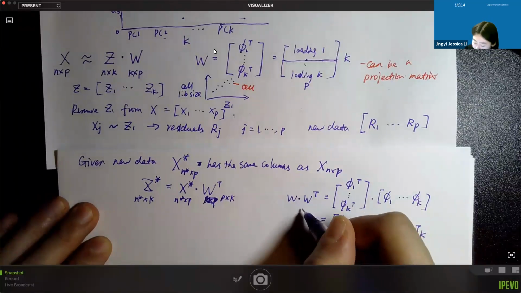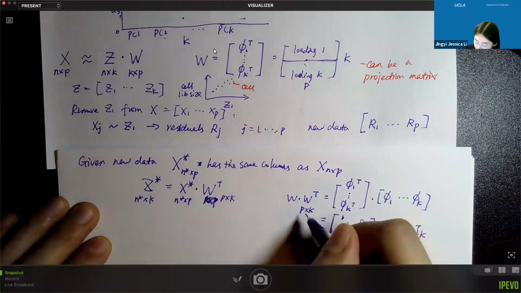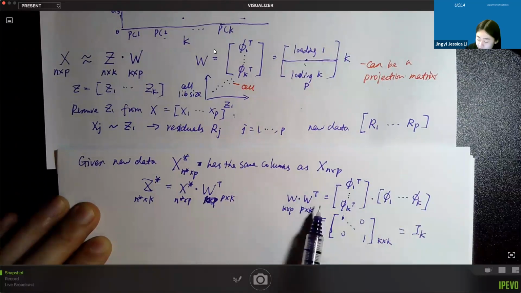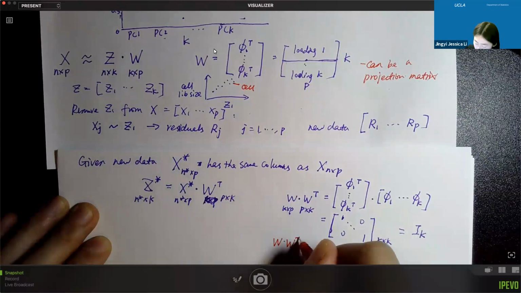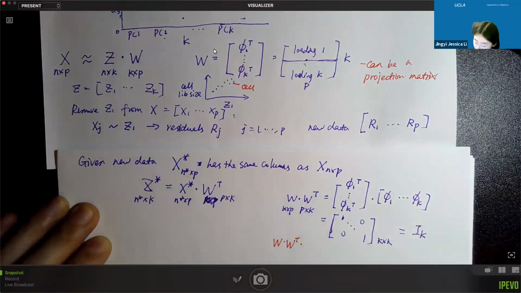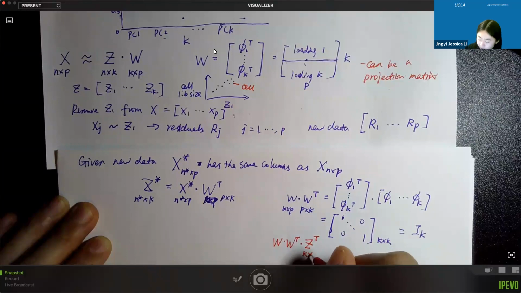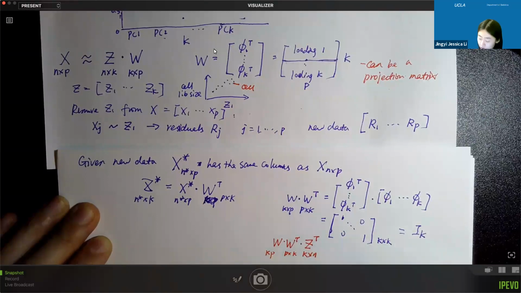And then here the W times W transpose, this is what? P by K is here, and K by P here. Let me think about a case. Let me call this Z transpose, because Z transpose I know is K by N, then I have P by K, K by P. So this will give me the same Z transpose.